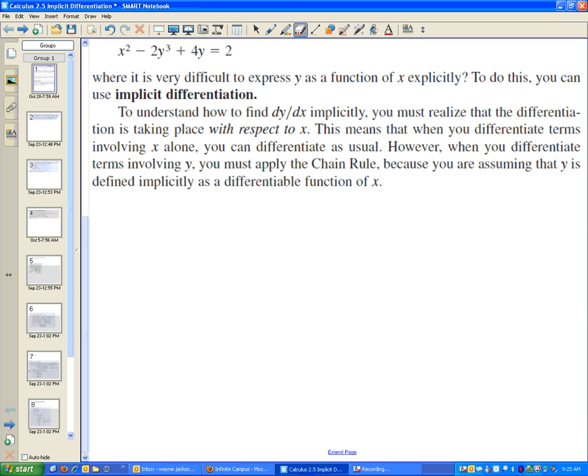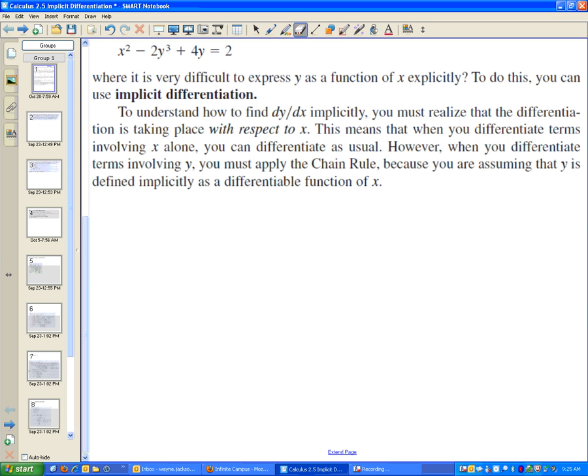There are other notations we can use for derivative, aren't there? But we're using the notation dy dx to drill into your head, hey, it's a function of y, but the derivative is with respect to x. dy, y is the name of the function, dx with respect to x.